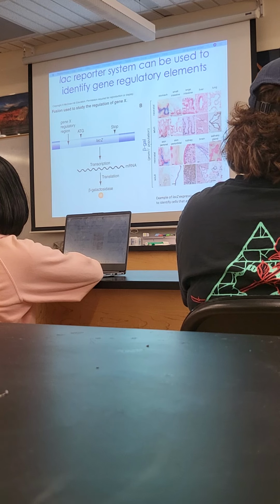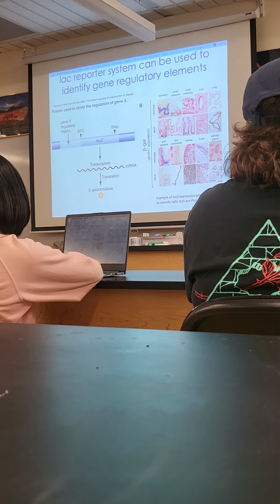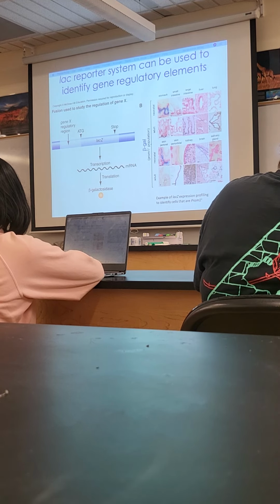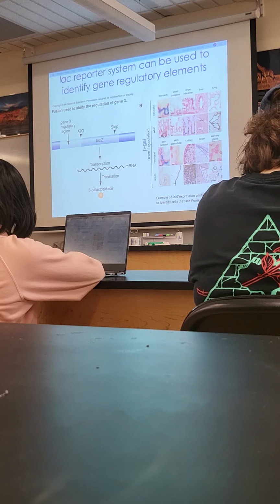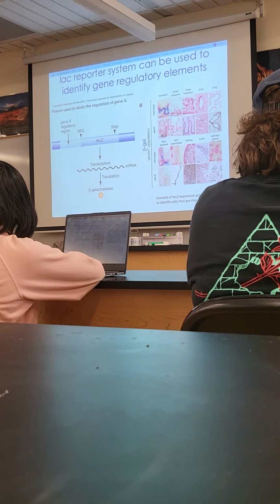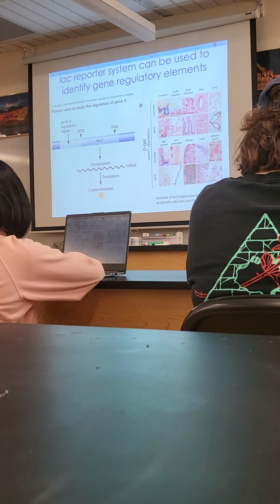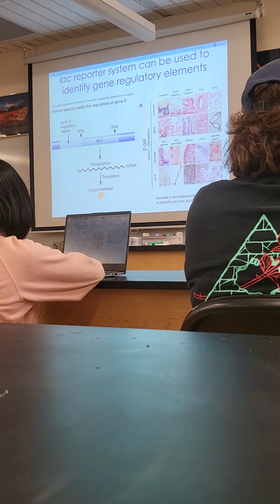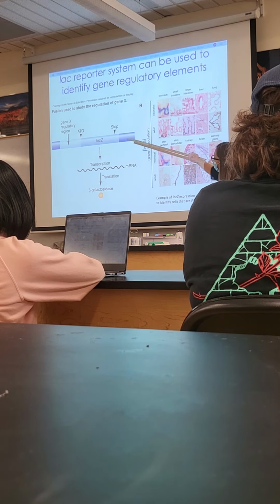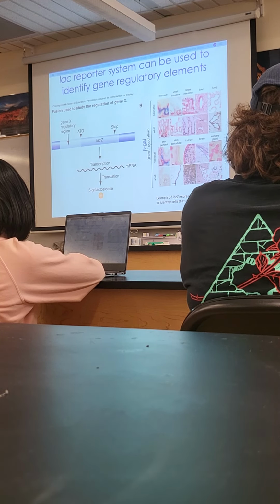It's like using green fluorescent protein as a visual reporter for where a protein is localized. So they made a mouse that had the stem cell promoter hooked up to that, because they didn't know when or in which tissues that stem cell promoter was being turned on.